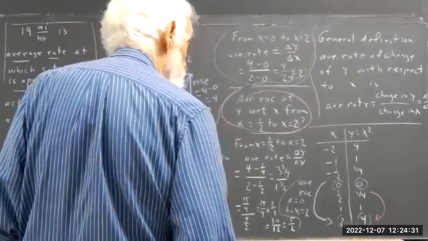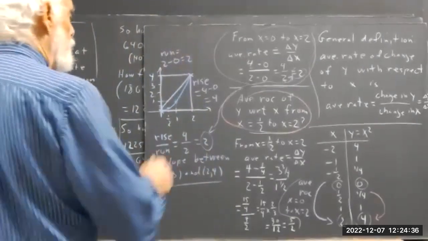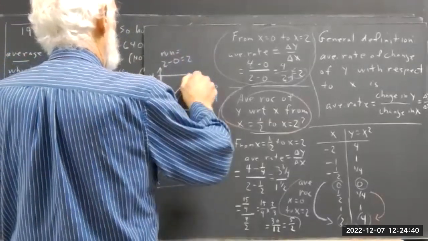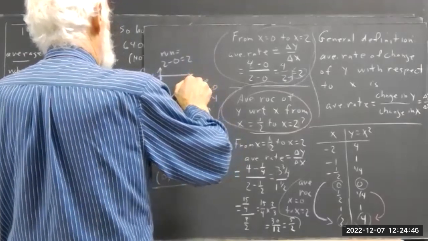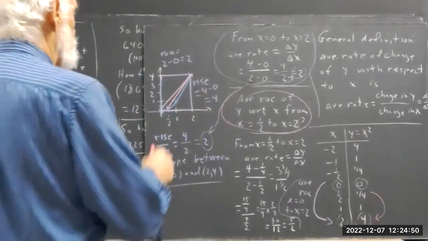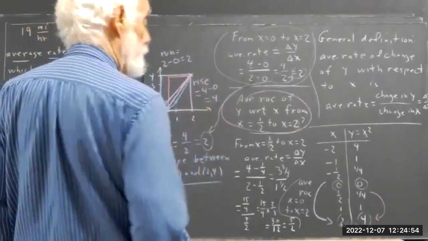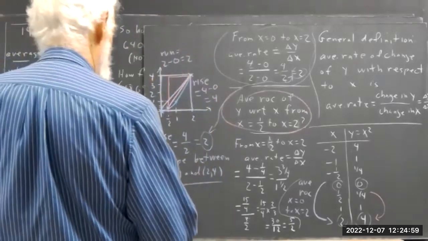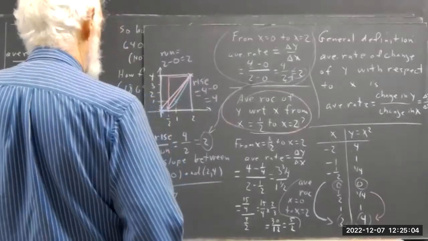Now, see if I can figure out what color to use. If I go from 1/2 to 4, that means I'm going from here to here. There's another straight line I can draw. And there's a rise here and a run here. I don't want to clutter up this picture anymore, but I'll just draw a pinkish triangle.